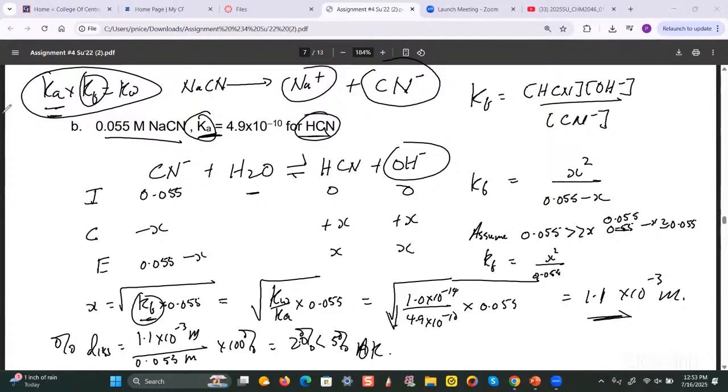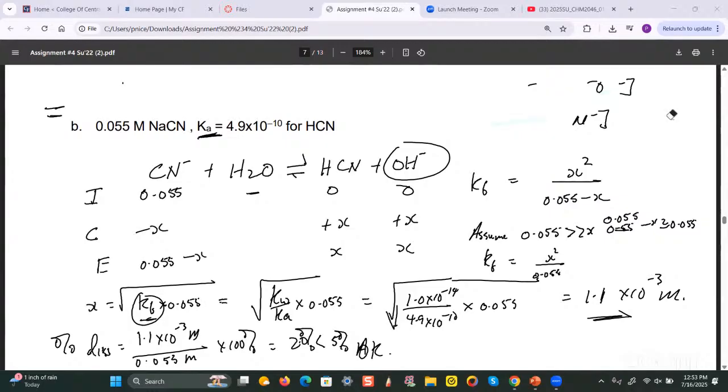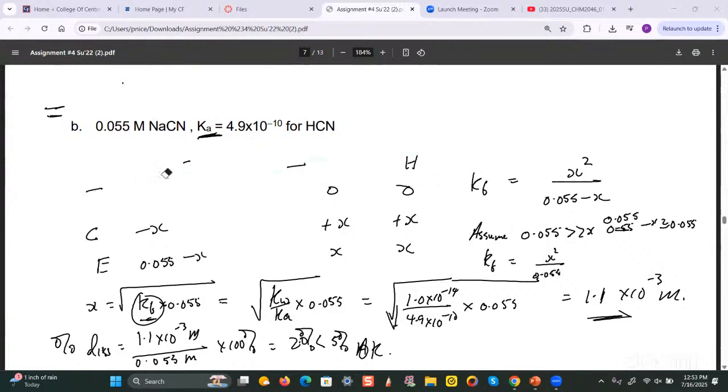So next step, let me erase some of the stuff up top here. What's the next step? Find the H concentration.